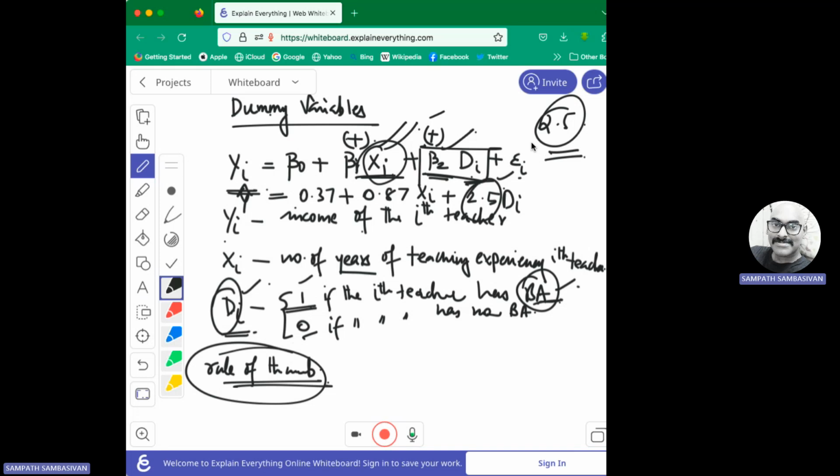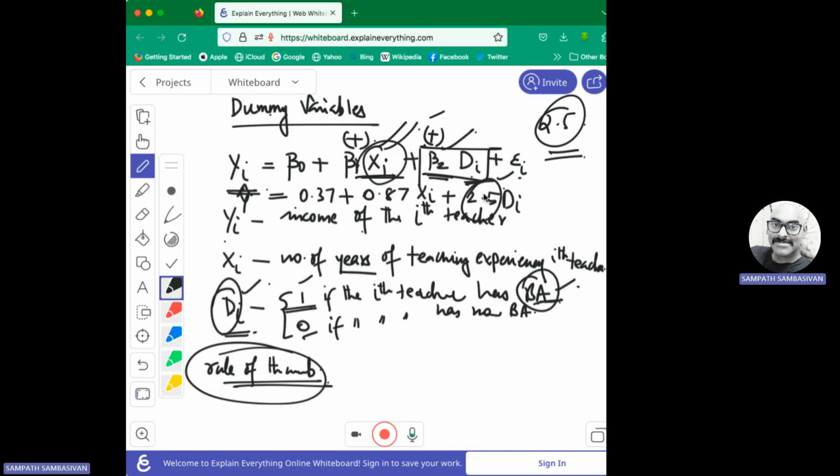This 2.5 would mean that a teacher who possesses a BA degree would earn 2.5 times higher salary than a teacher who does not have a BA degree. The coefficient value is plus 2.5. So what is the included condition? It is when the value is equal to 1. The included condition is the teacher having the BA degree, and the omitted condition is the teacher not having a BA degree.